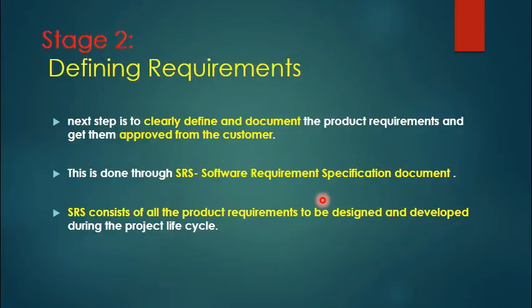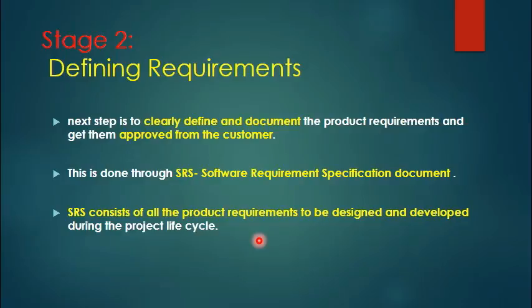Now SRS consists of all the product requirements to be designed and developed during the project life cycle. This SRS itself is complete and it tells the project software developers what all the things must be there as a part of the software, what all functions the software must be able to execute. Let us see the next step. The second stage was for defining the requirements.